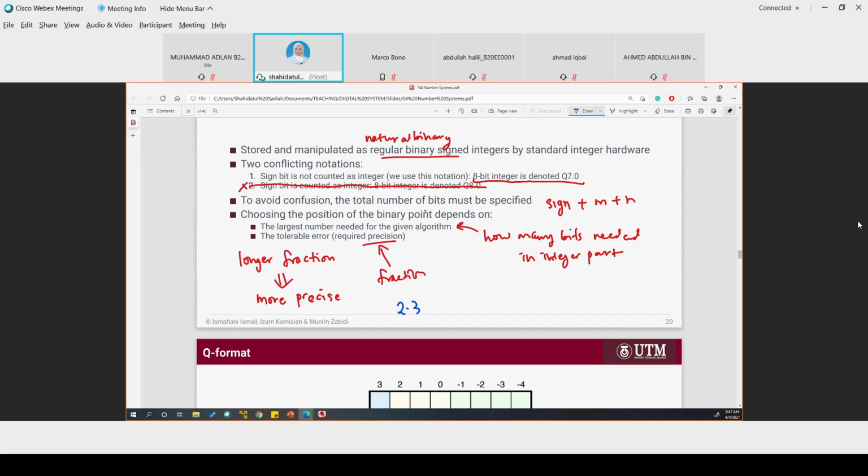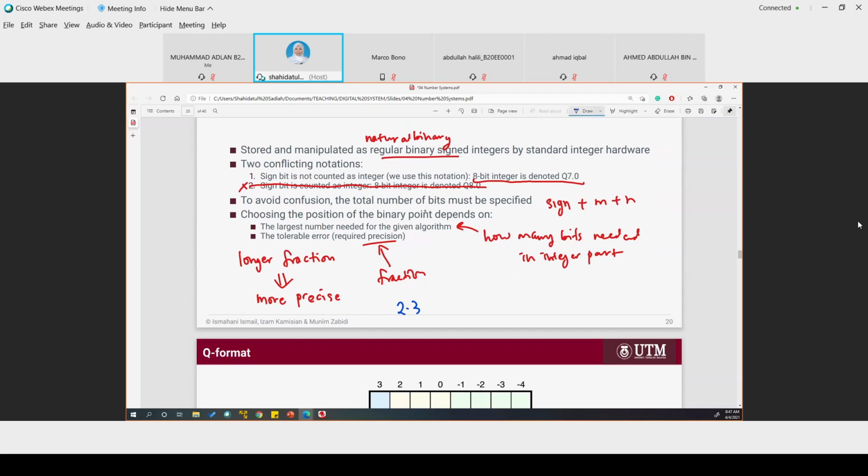And this is actually 1 over 2, 1 over 2 to the power of 2, which is 1 over 4, 1 over 8, 1 over 16. Then 1 over 2 is 0.5, and this is 0.25, 1 over 4, and so on.